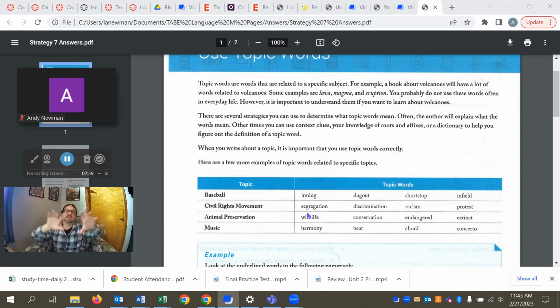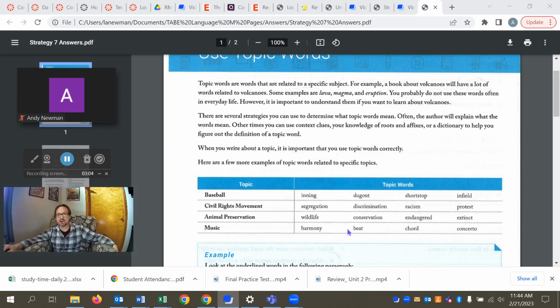You could segregate chemicals as a way of separating them out to observe them separately. So while segregation carries kind of a negative connotation in the civil rights movement, it's something that is a problem to be corrected. In another area of knowledge, it may not have that same negative meaning. Okay, in the world of animal preservation: wildlife, conservation, endangered, extinct.